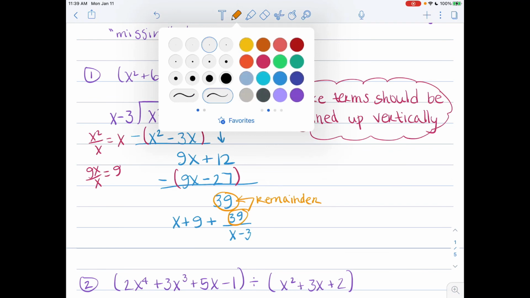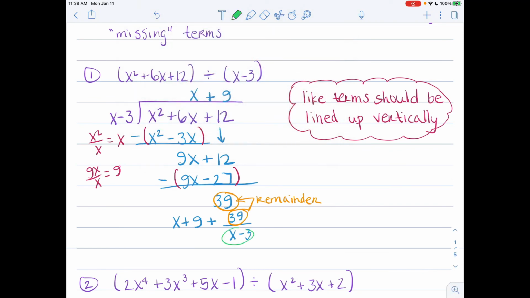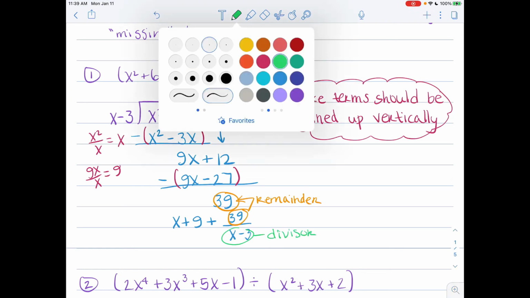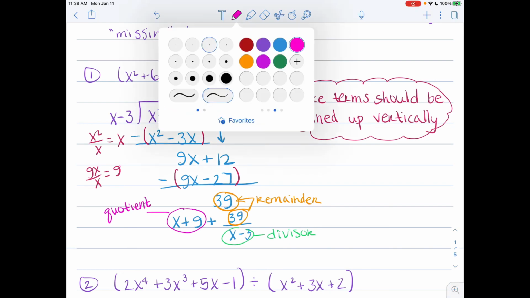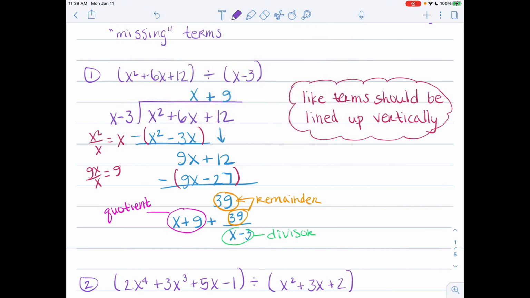Our divisor is this. And our quotient, the main part of our answer, is this part right here. Be sure that you understand what parts these terms refer to, because I will be talking about these throughout the lesson. So this is our final answer.